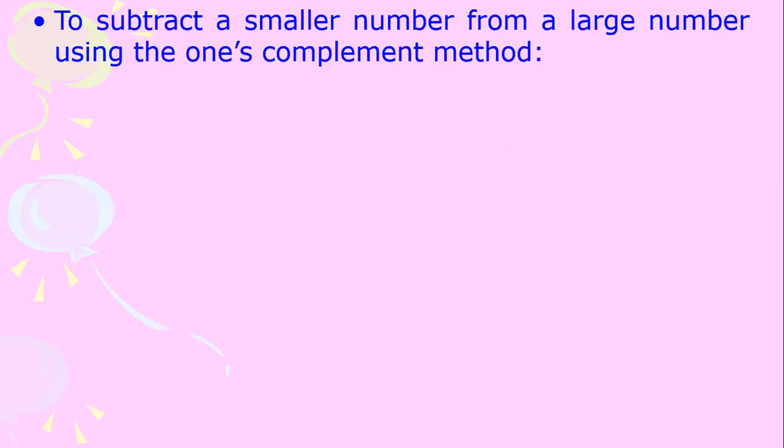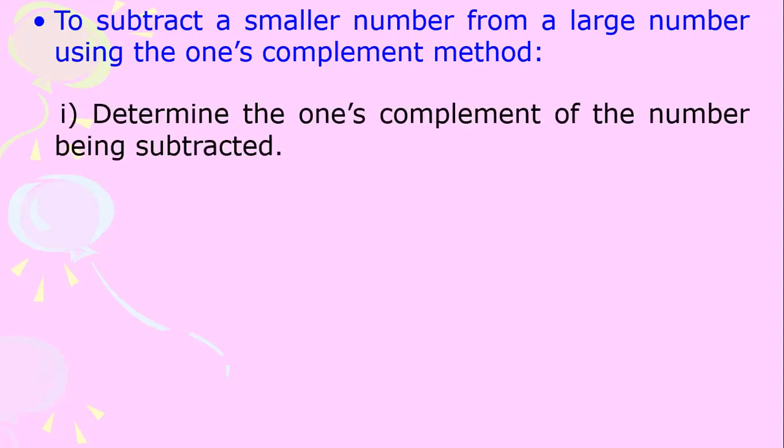What about if you want to subtract a smaller number from a larger number using the ones complement method? If you are subtracting a smaller number from a larger number using the ones complement method, you proceed as follows. Number 1, determine the ones complement of the number being subtracted.